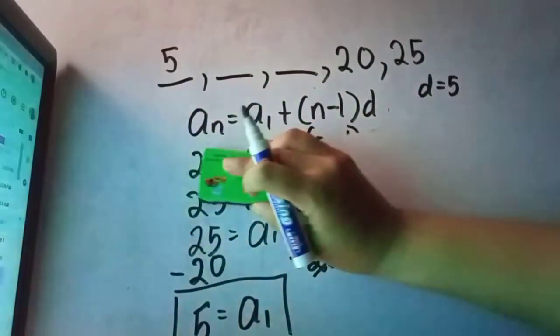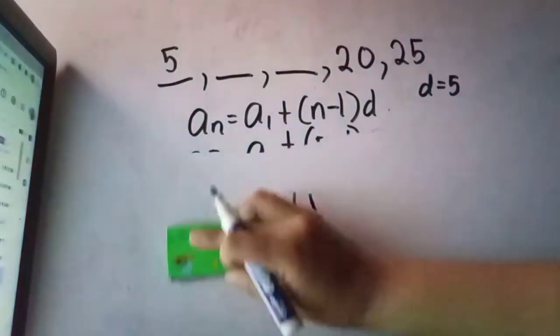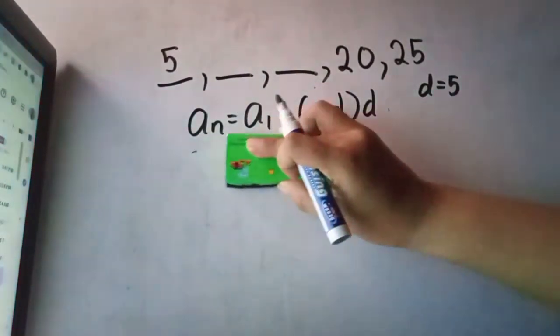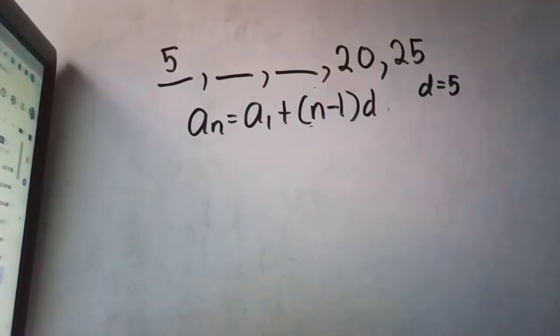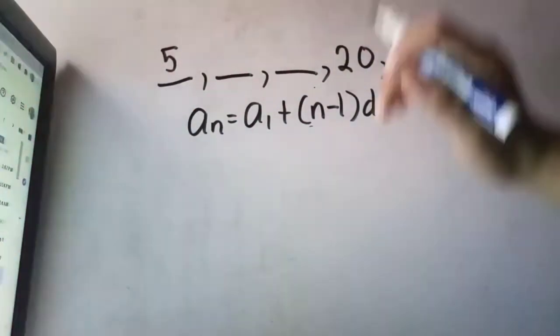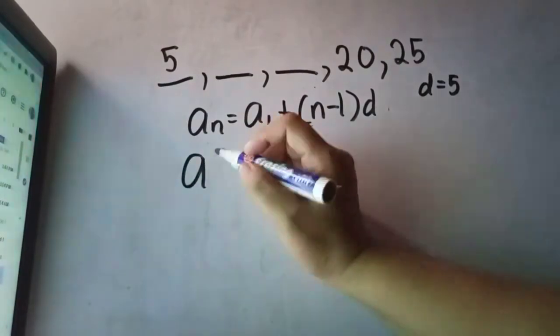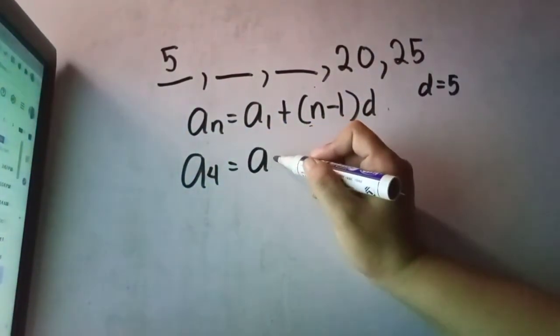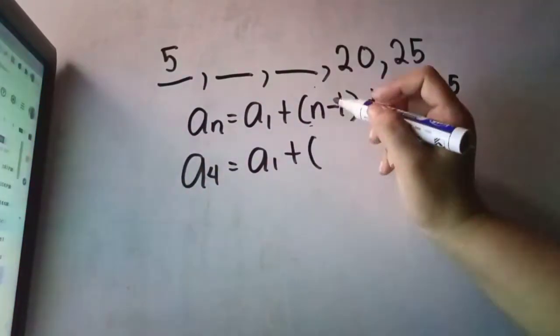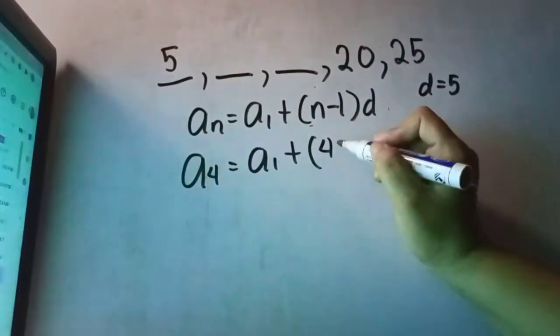So, ngayon naman, try natin gamitin yung 20 or yung ating fourth term para malaman yung first term. So, kanina ginamit natin yung fifth term. Ngayon yung fourth term naman. So, tingnan natin kung pareho ang kalalabasan. So, a sub 4 equals a1 plus ang ating n ay 4 minus 1.